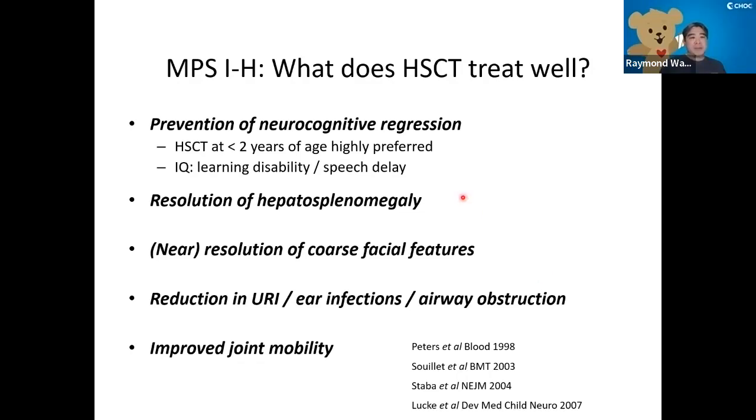What can it do well? Transplant prevents the regression that otherwise would be seen in Hurler syndrome. There is still some residual learning disability and speech delay that is often seen. There is resolution of organomegaly, resolution of facial features, reduction in upper airway issues, and somewhat improved joint mobility.